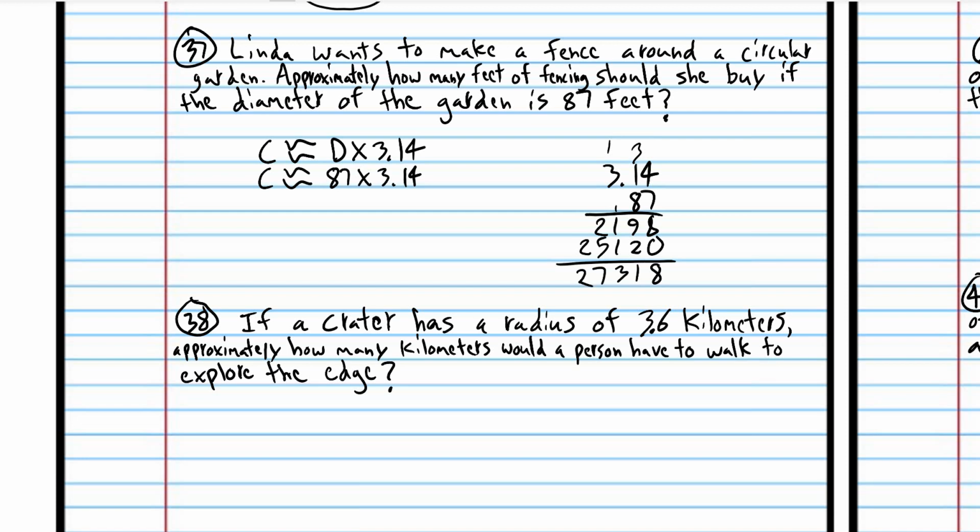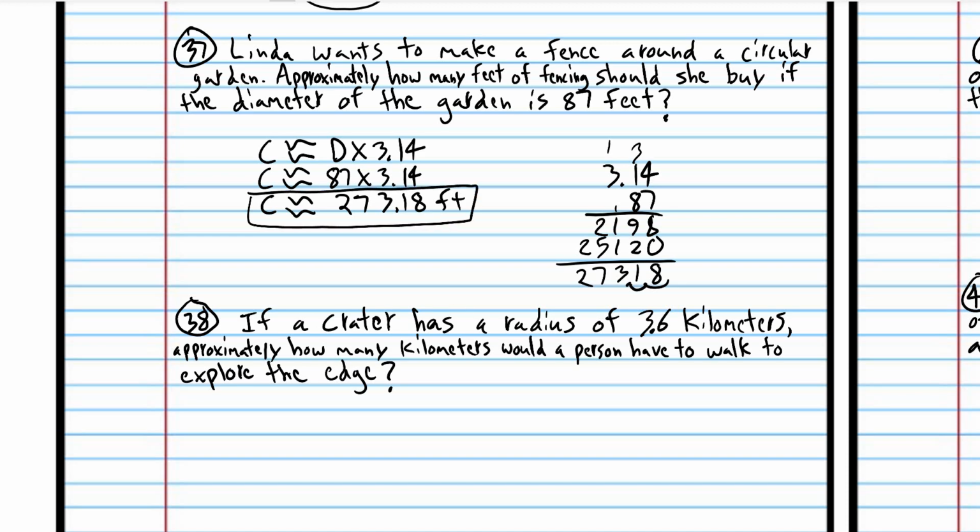And we count 2 places over, 1, 2. And the circumference of the circle equals 273.18. And it's going to be one dimension, so we don't put a 2 and we don't put a 3. It's just one dimensional.